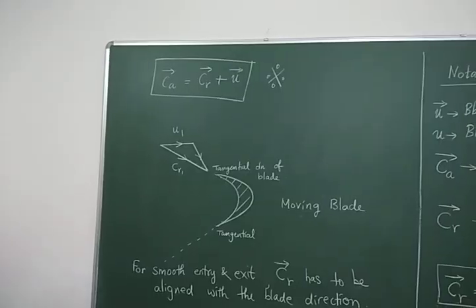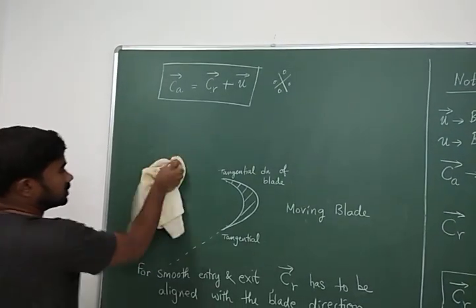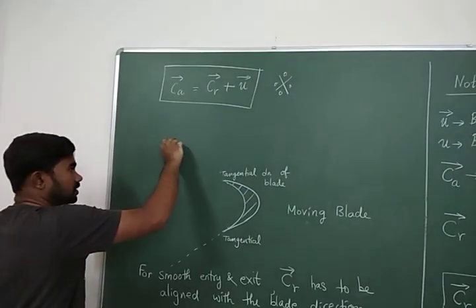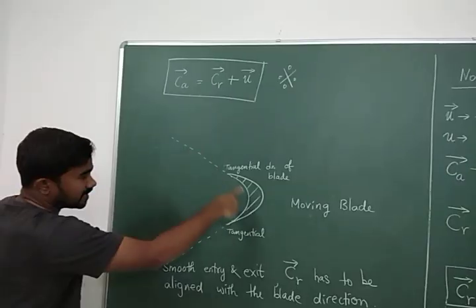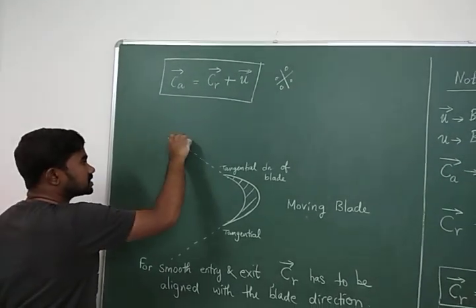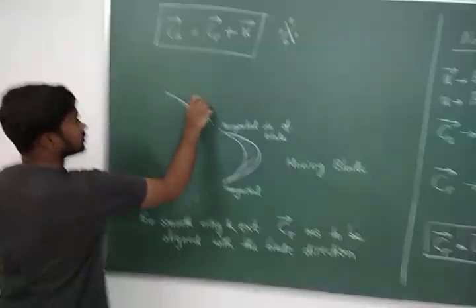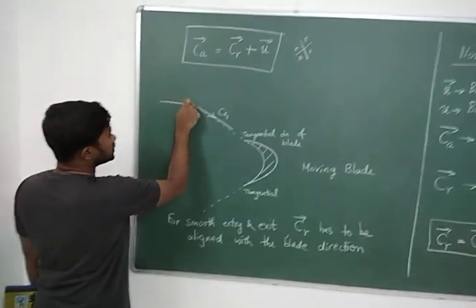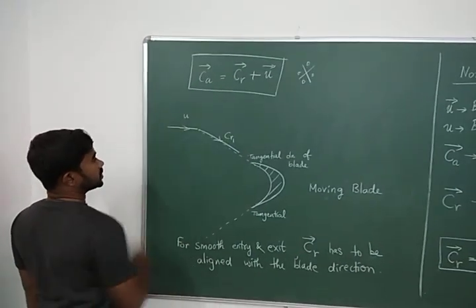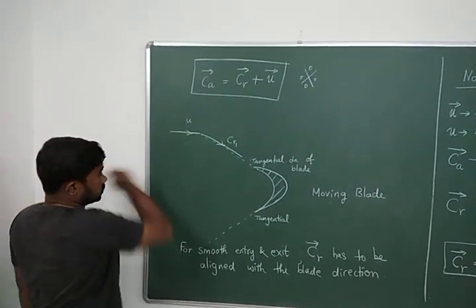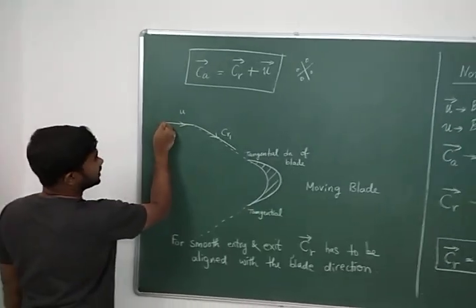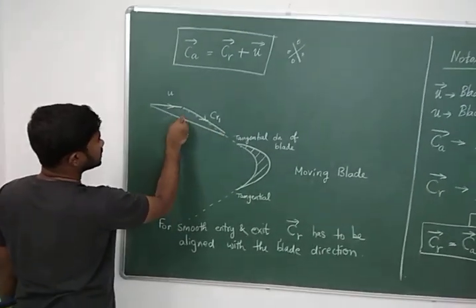I'm wrong, only adding this. Sorry. CR1 should be aligned with the blade. So this is CR1. Now this is U1. Now this added to this will give me CA1.